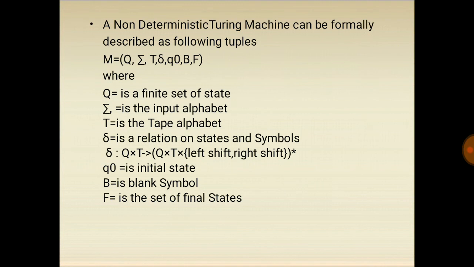A non-deterministic Turing machine has 7 tuples, that is, Q is the finite set of states, sigma is the input alphabet, T is the tape alphabet, del is the transition function, Q naught is the initial state, B is the blank symbol, and F is the set of final states.